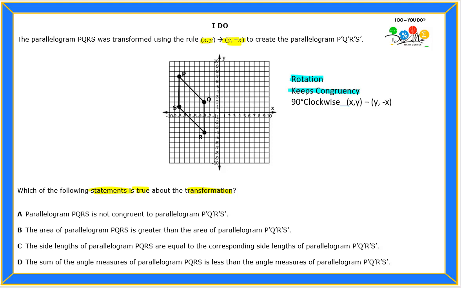And the rule for this one is 90 degrees clockwise. What does clockwise mean? This shape will more than likely end up right here. Not all of them, because point R is in a different quadrant, so point R will land somewhere in this quadrant over here.